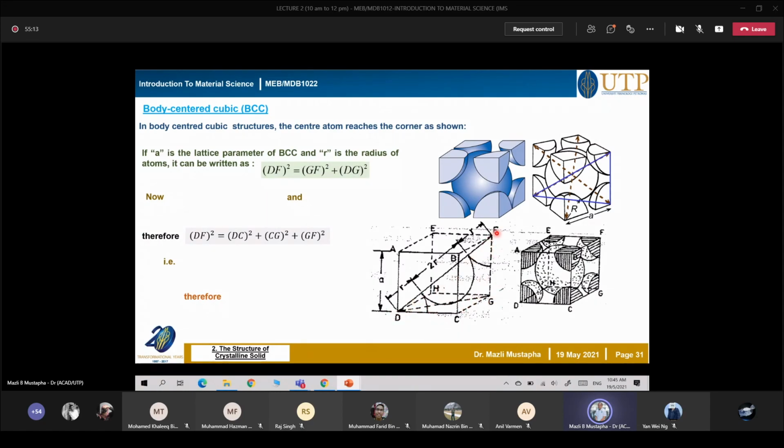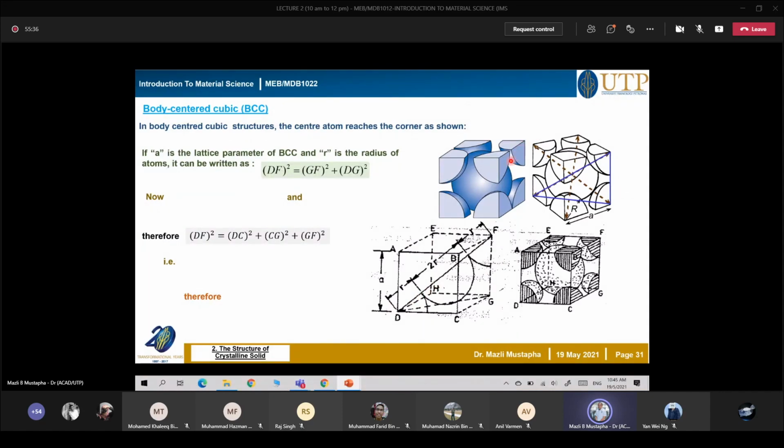So for the body centered cubic, why do we need this DF? Why can't we use this? Because we don't know this value or this length. So that's why we have to use the diagonal relationship.